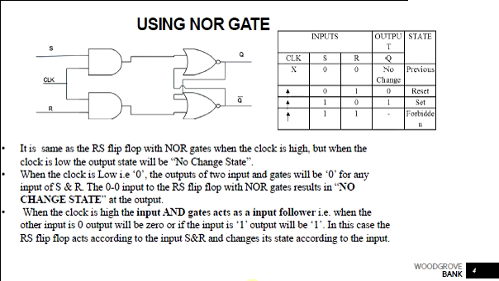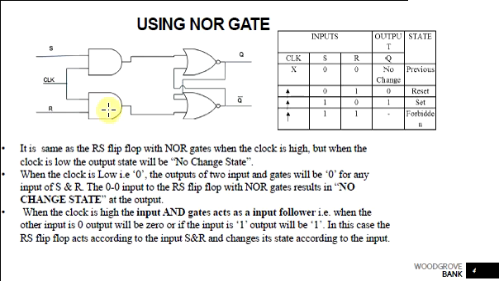To construct a clocked RS flip-flop, we consider the RS flip-flop using NOR gates. Previously, we directly connected S and R to the two terminals, but in this case we additionally use two AND gates, and one input of each AND gate is connected to the clock signal.